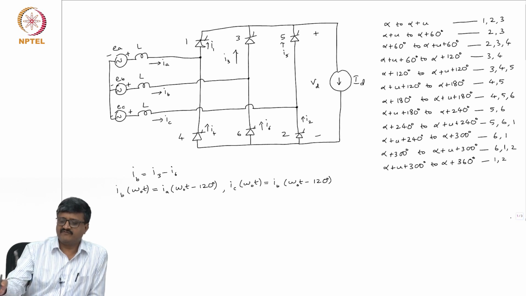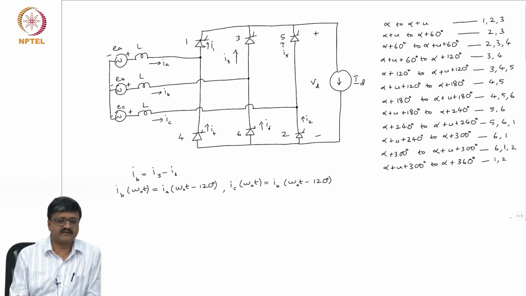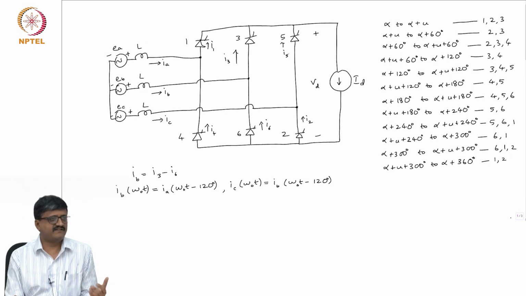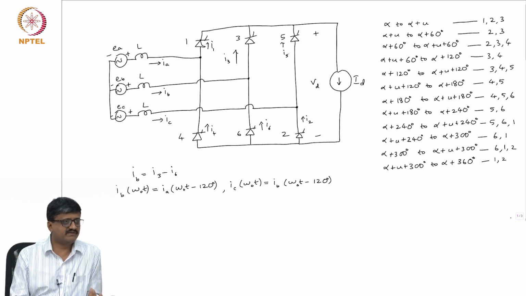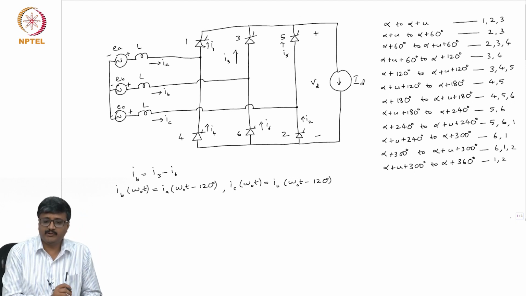What do you expect for these 6 currents I1, I2, I3 up to I6? Are they same, similar, identical with phase shift? Can we say anything about that, or we can't say anything? Are they different? Do they satisfy some condition?